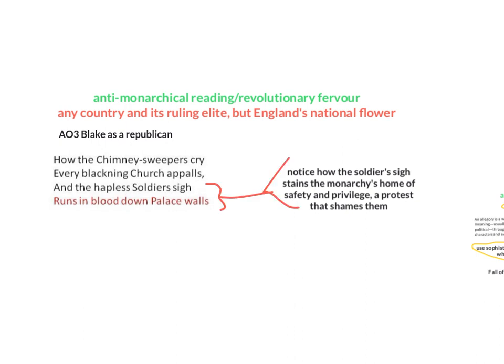Blake is a Republican. He is no fan of the monarchy at all, or even the idea of monarchy, I guess, which has the idea of those who are vastly wealthy and privileged, living above those they rule, whilst there's enormous poverty in the world.